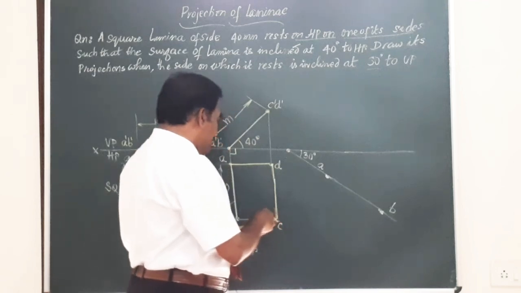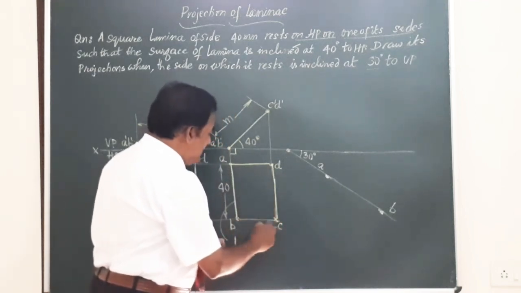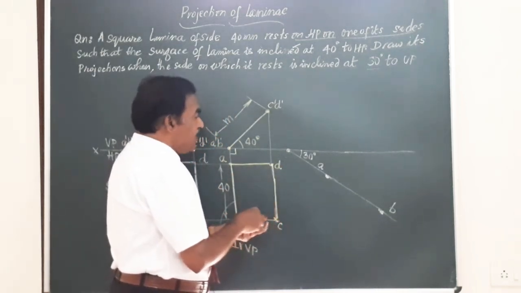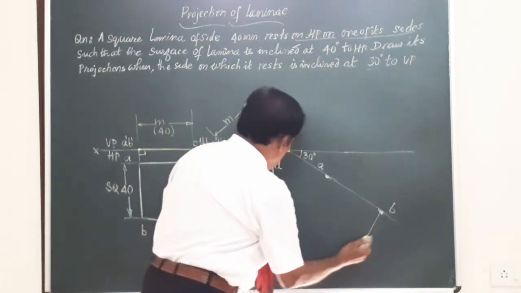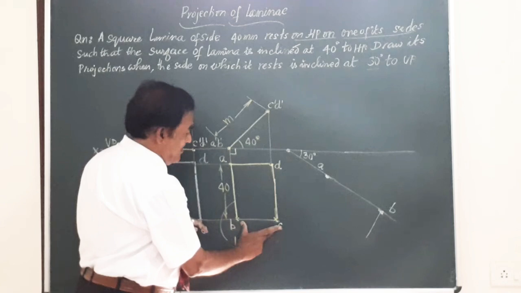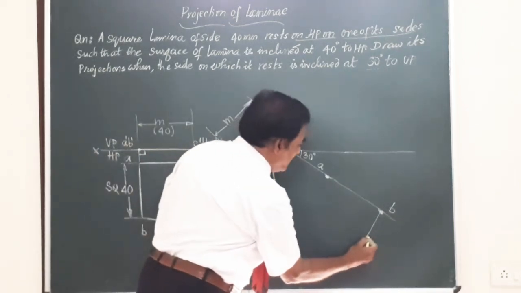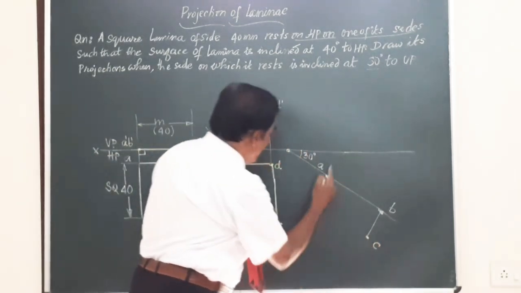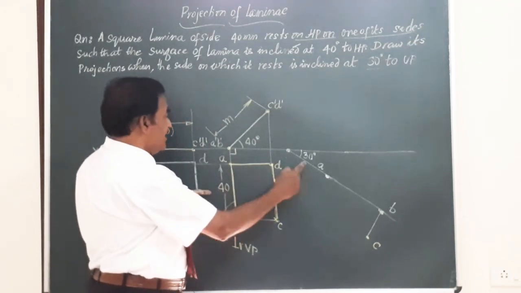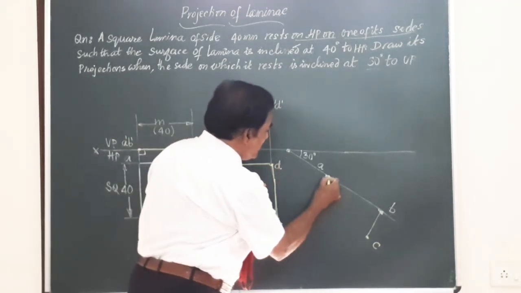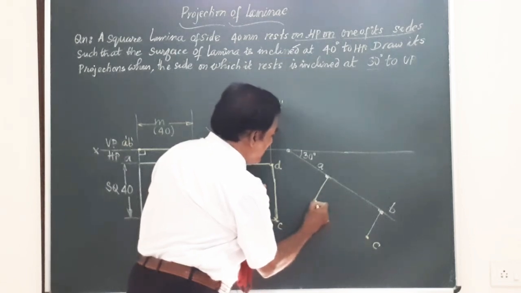Friends, after getting that, I am going to mark BC and AD. How to mark them? From B, draw a vertical line of length equal to this. So you get the point C. Similarly, from A, draw a perpendicular line of length equal to AD. So this length we are going to get.